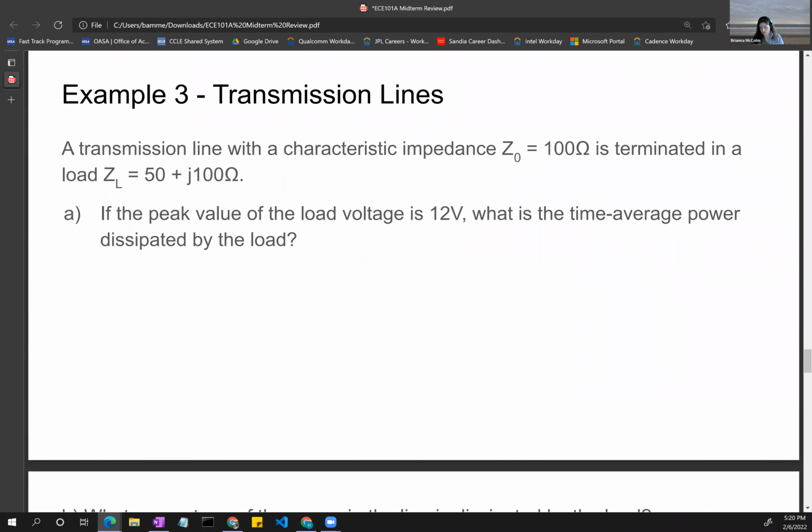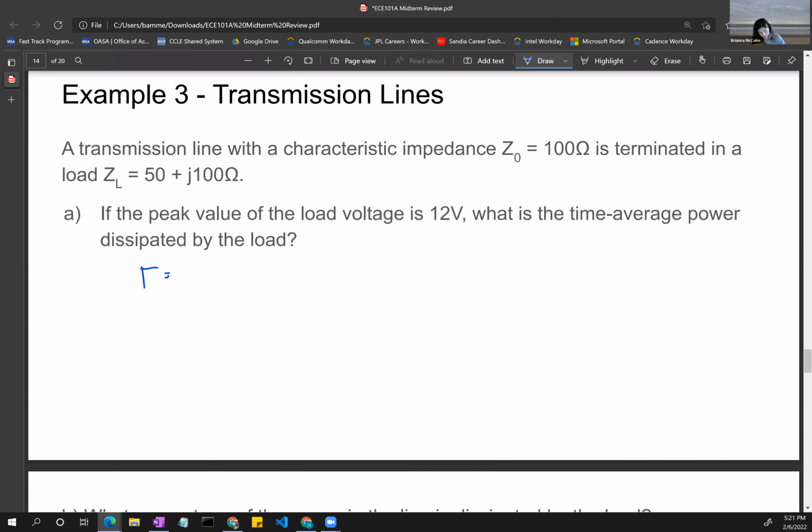So let's do an example of transmission lines. We have a transmission line with a characteristic impedance of 100 ohms terminated in this load, and we're given the peak value of the load voltage. What is the time average power dissipated by the load? The first thing that we're going to have to do is find the reflection coefficient.